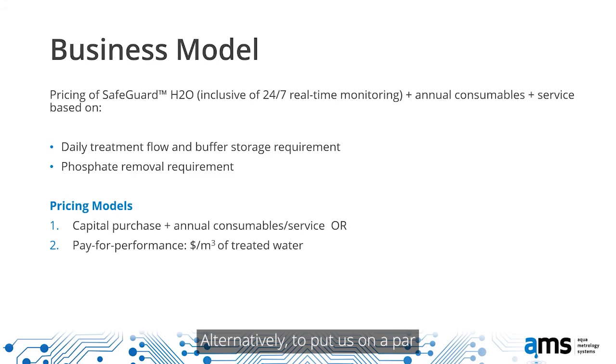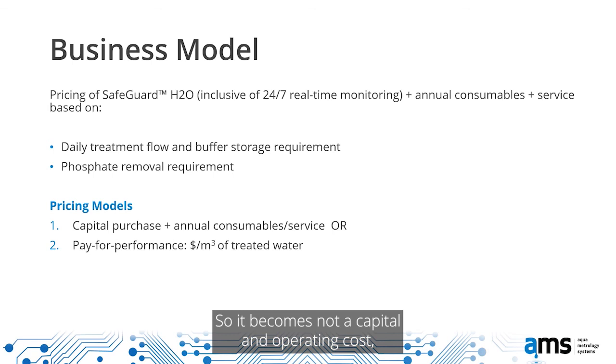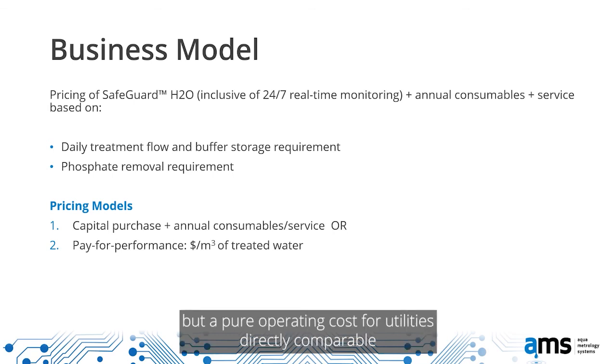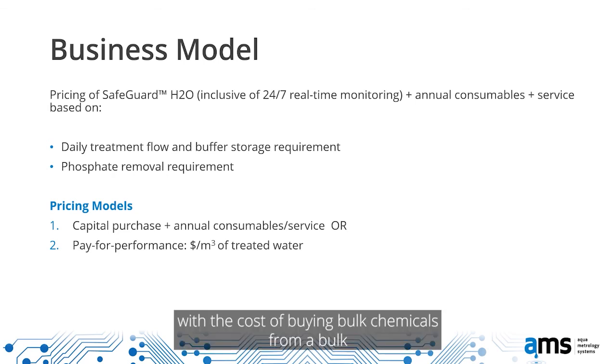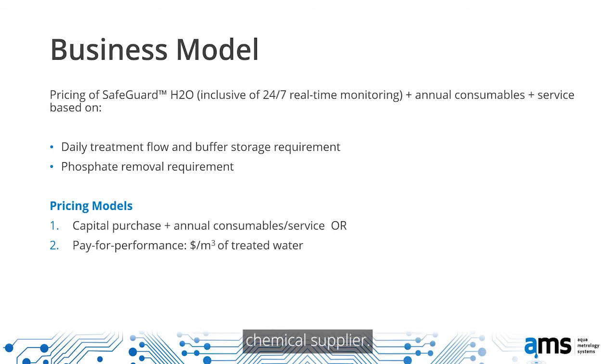Alternatively, to put us on a par with current reagent purchasing regimes, we can price the system based on the volume of water treated. So it becomes not a capital and operating cost, but a pure operating cost for utilities, directly comparable with the cost of buying bulk chemicals from a bulk chemical supplier.